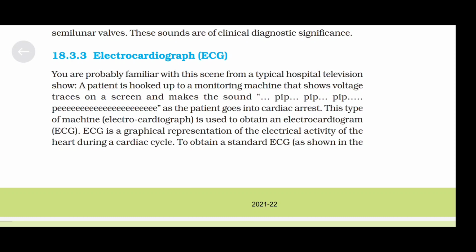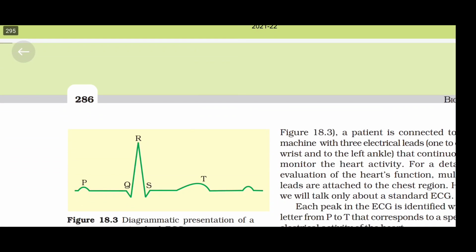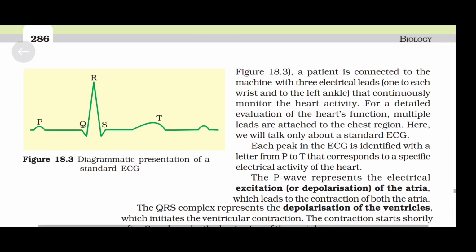To obtain a standard ECG, as shown in the figure, a patient is connected to the machine with 3 electrical leads, one to each wrist and to the left ankle, that continuously monitor the heart activity. For a detailed evaluation of the heart's function, multiple leads are attached to the chest region.